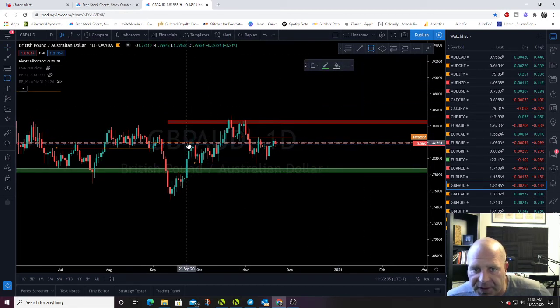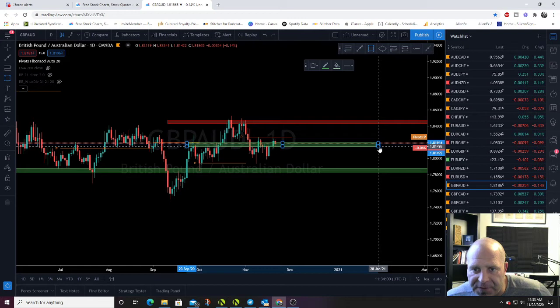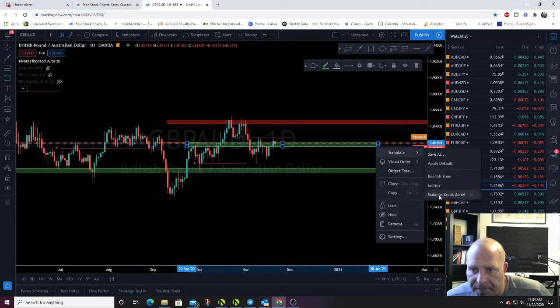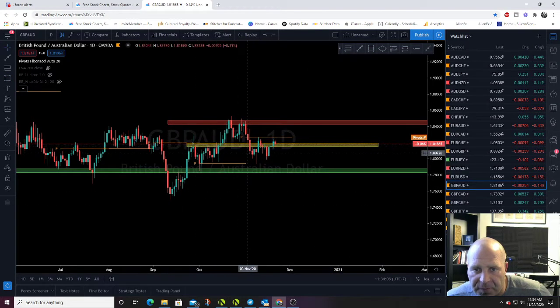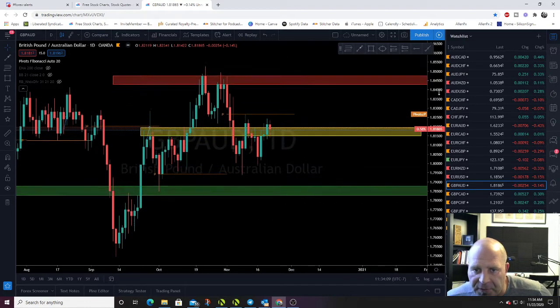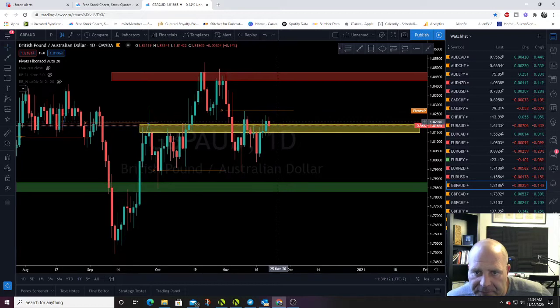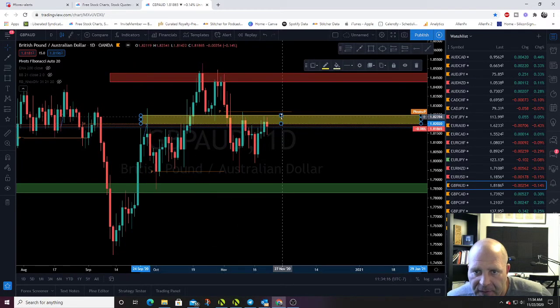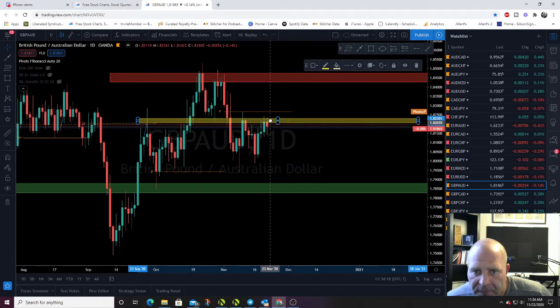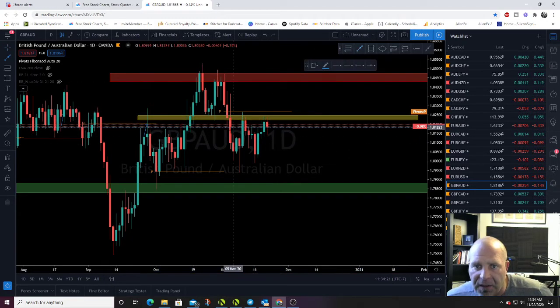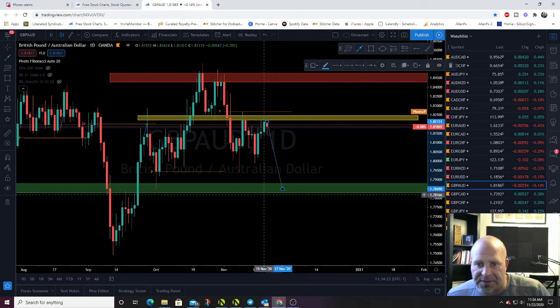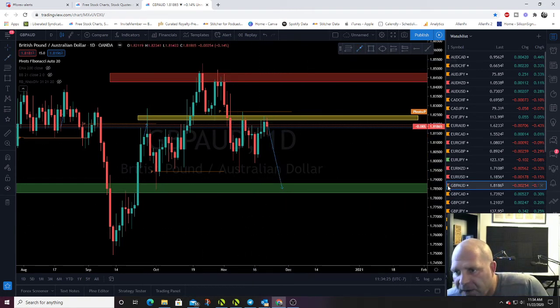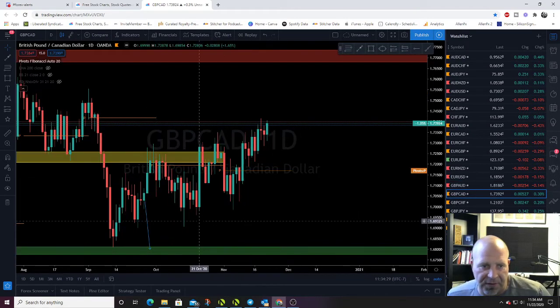See how he struggled here? We're going to call this my make or break, just because we busted above it. Now we're testing it. Almost looks like we're double topping. Right? So it looks like we've rejected cleanly. So I like this one short down to the bullish zone.